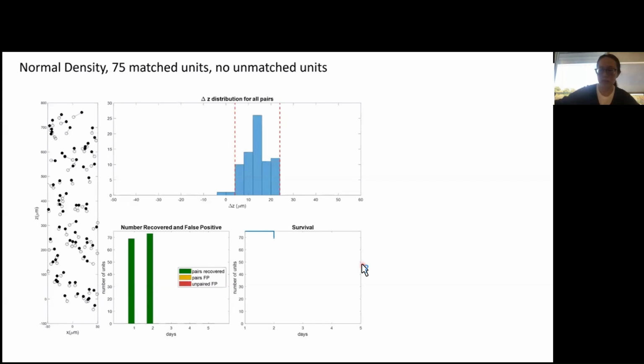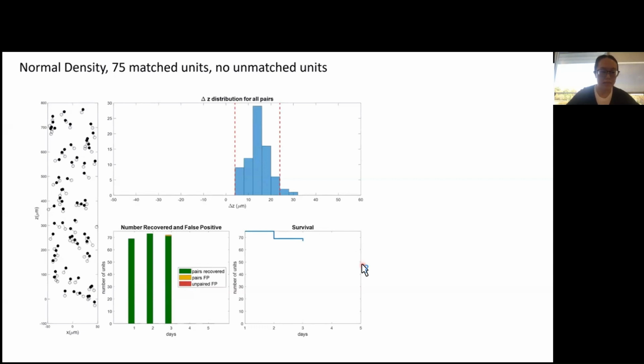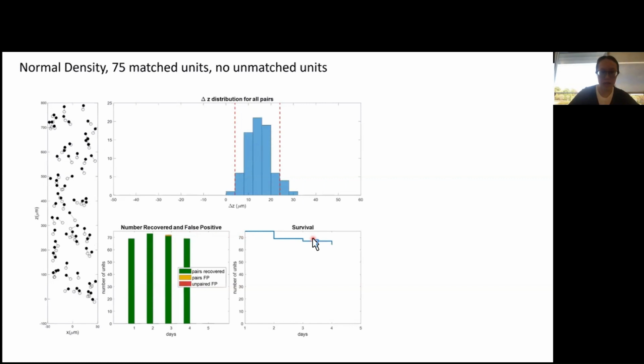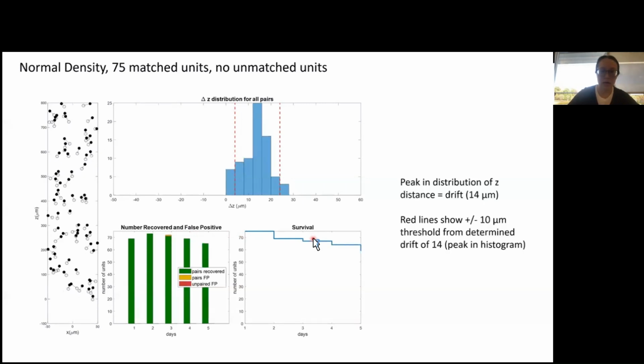This is the second day to the third day, and then by the fourth dataset, we started to have some yellow sections here. In this case, one unit pair is matched incorrectly. And as we go to our last dataset, we see that there's no red sections in this recovery plot because we did not introduce any unmatched units yet.